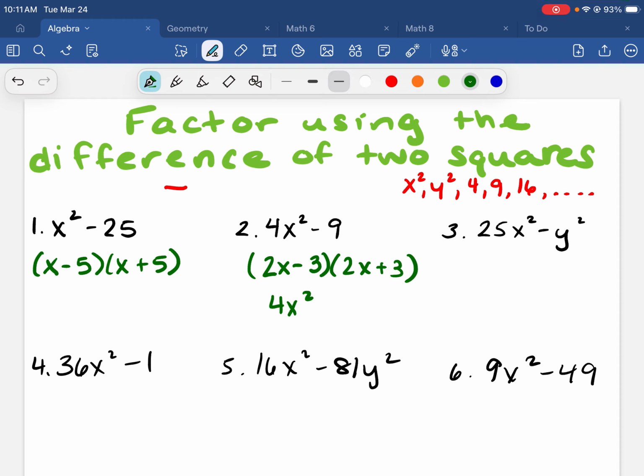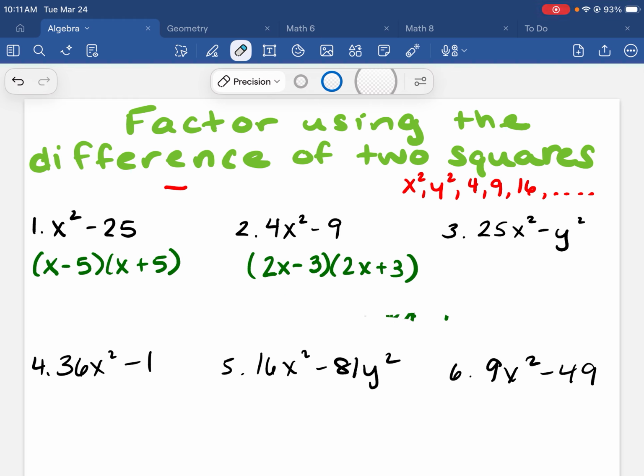My outer terms, 2x times positive 3 is positive 6x. My inner terms, negative 3 times positive 2x is negative 6x. And negative 3 times positive 3, the last terms are minus 9 or negative 9. The 6x's cancel. 4x squared minus 9.